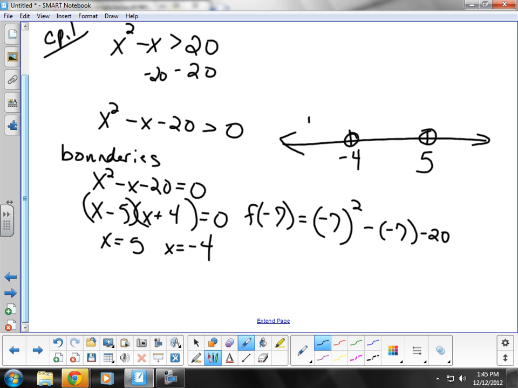Everybody see that? Now be real careful when you plug in negative numbers and square them. If you do not put that in parentheses, your calculator is going to give you a negative 49, right? But we all know that's a positive 49. So 49 plus 7 minus 20 is a positive number.